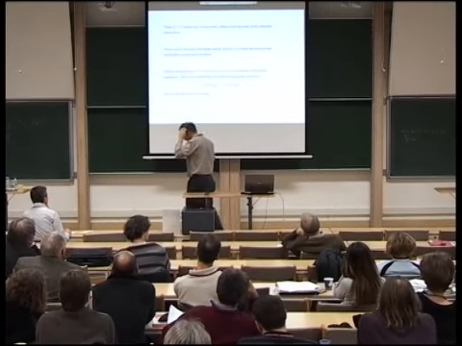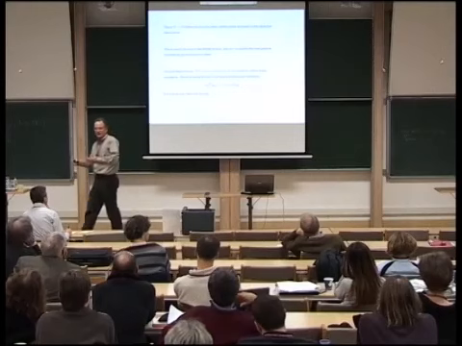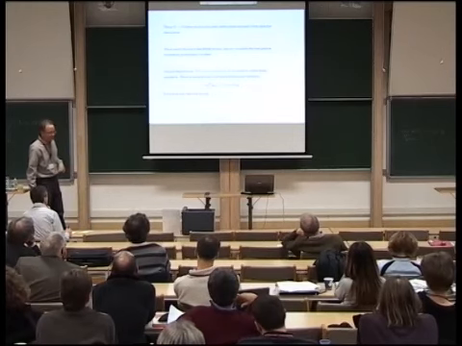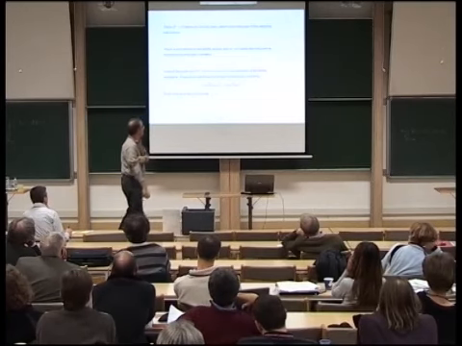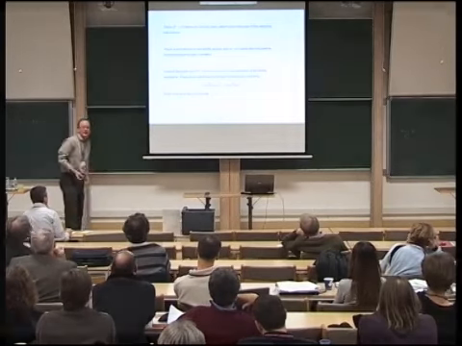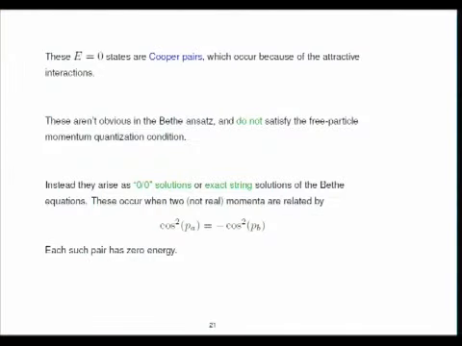But what these states are, and I'm telling you the answer, and I'm going to explain how we got this answer, you can get this from analyzing the Bethe equations. But the answer is that these things are Cooper pairs. And I think it's a general result in one dimension. If you ever have attractive interactions between fermions, we do.